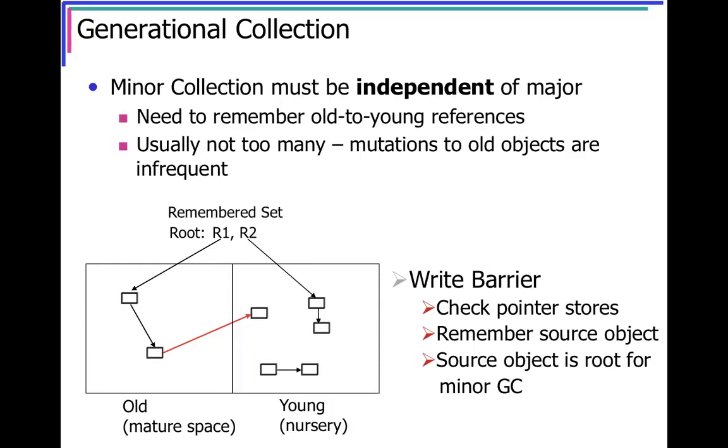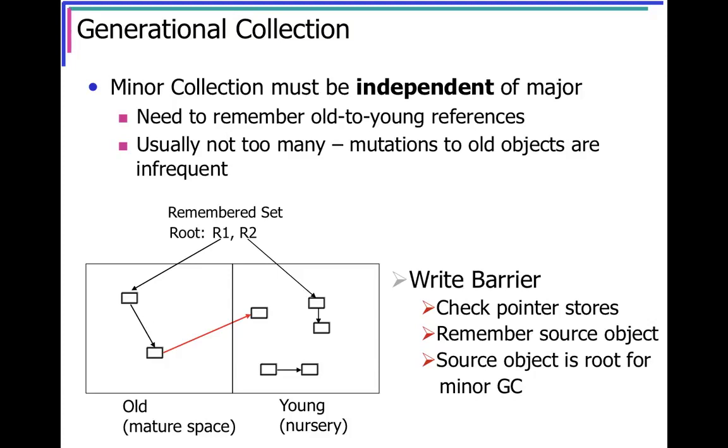The way we do this is that we put a check called a write barrier on all of our pointer stores in the program. That is, we introduce instruction overhead in the program that checks pointer stores, all of them, and it checks if the object on the right-hand side is in the young space, and what it's going to refer to on the left-hand side of the assignment is in the old space.